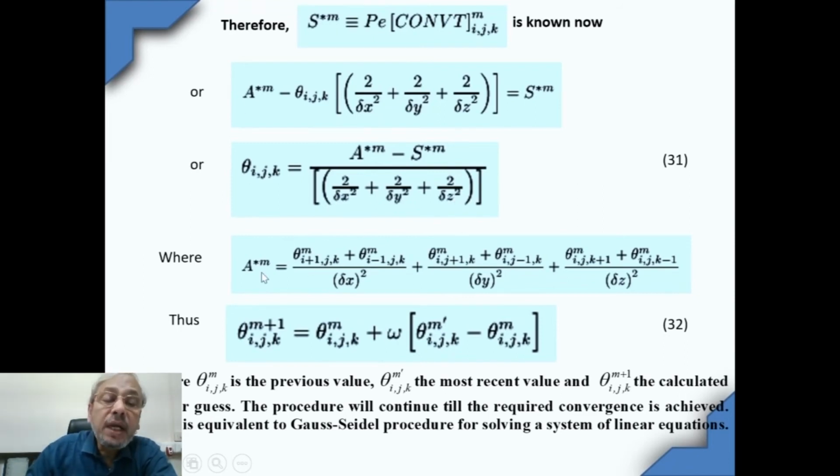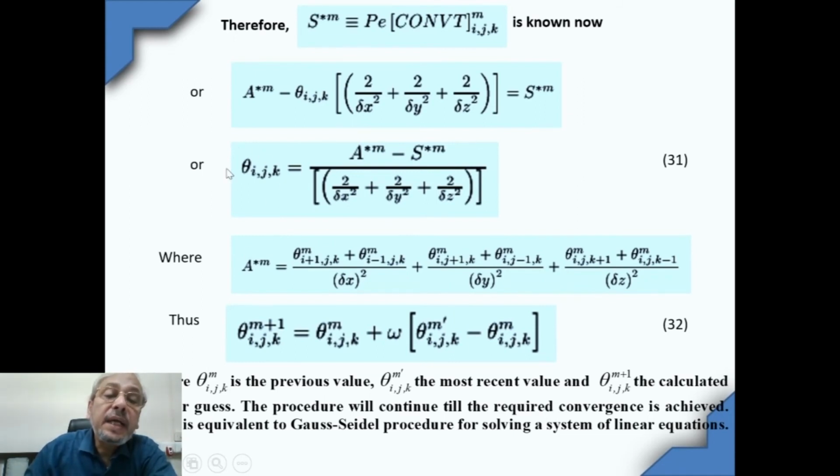Whereas as I told, A star m is at the mth level the neighboring terms of theta ijk, like theta i plus 1 jk plus theta i minus 1 jk at the level m by delta x square, theta ij plus 1k plus theta ij minus 1k at the level m by delta y square, theta ijk plus 1 plus theta ijk minus 1 at the level m by delta z square.